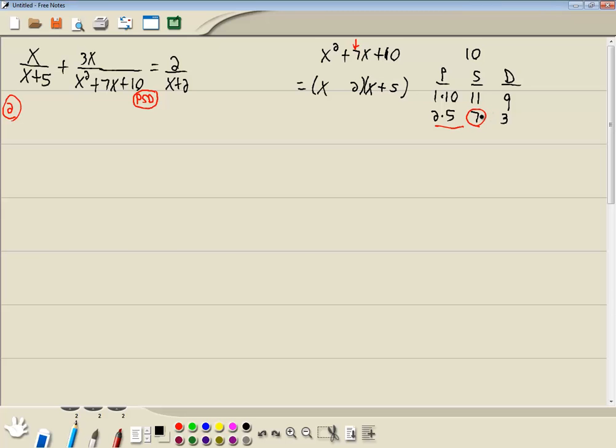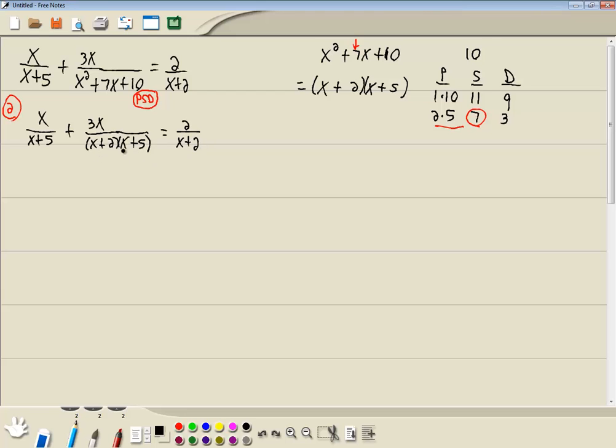Now the number I circled in the S column, S for same sign, so if this one's positive, then this one has to be positive. So this becomes x over x plus 5 plus 3x over x plus 2 times x plus 5 equals 2 over x plus 2.